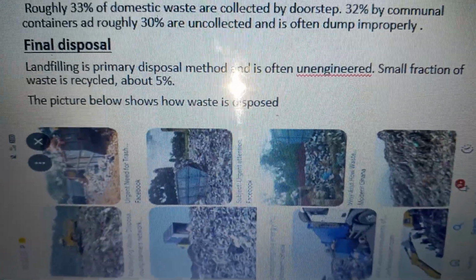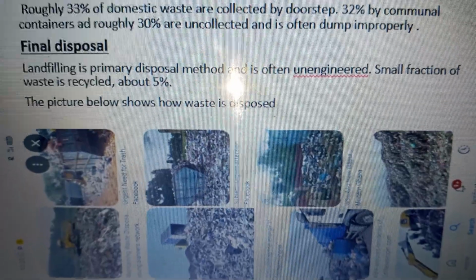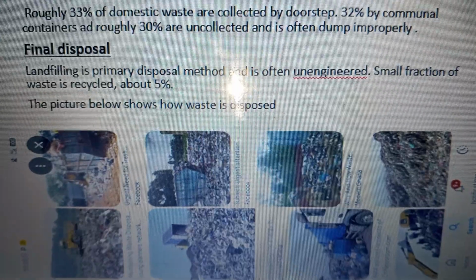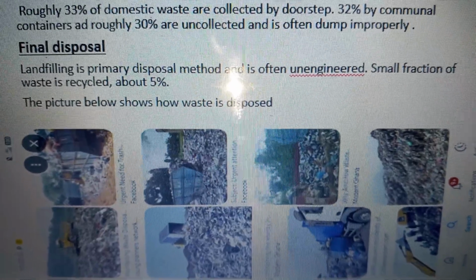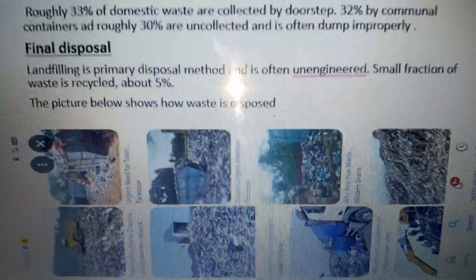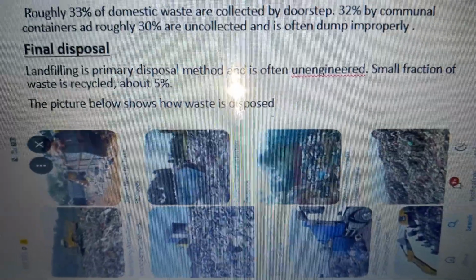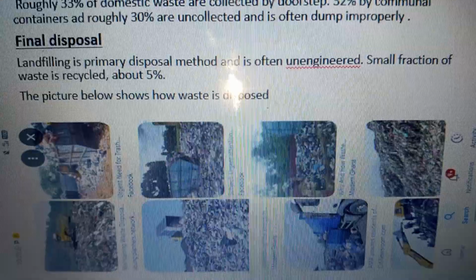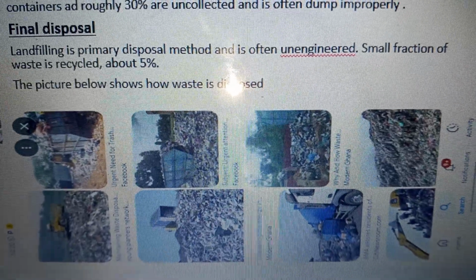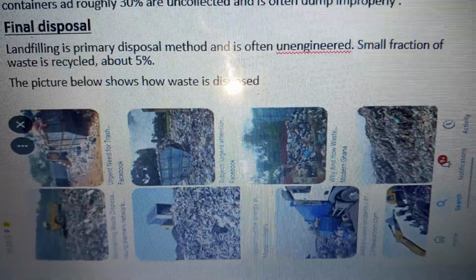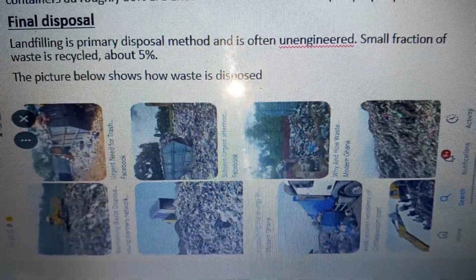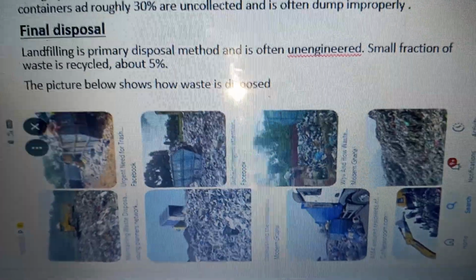Landfill is the primary disposal method of waste in Ghana and is often unengineered. A small fraction of waste is recycled, about 5%, and most of the waste finds its way into landfill areas, which is becoming a menace and environmental threat to the country.